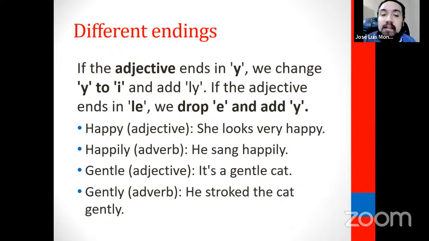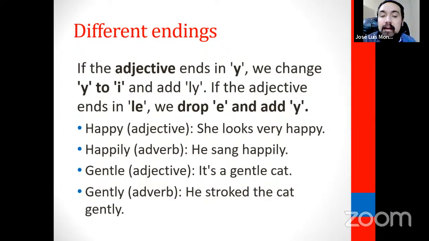All right, sorry. Let's keep going. If it ends in y already, you change that to i, and you add ly. If it ends in e, you drop it and you add the y. Here you have the two examples. Happy, happily. Happy is an adjective, so she looks very happy. Happy is describing that girl. Looks is a linking verb.